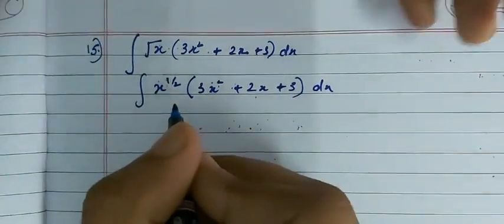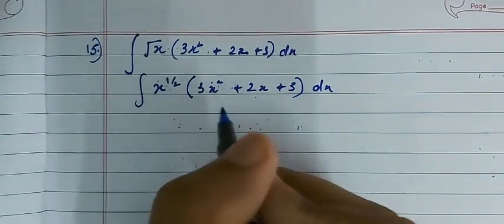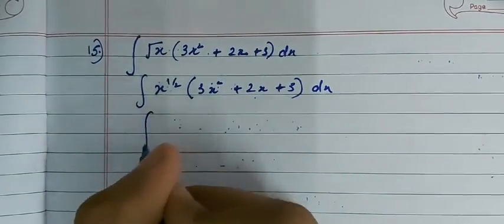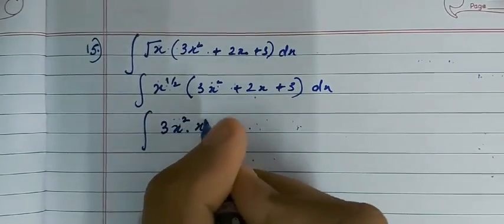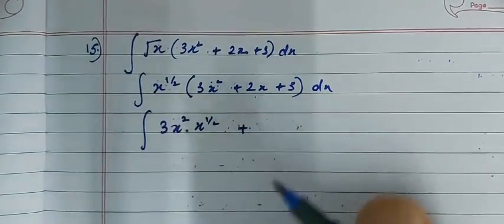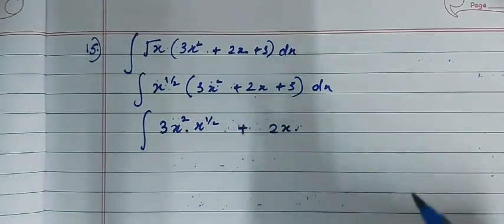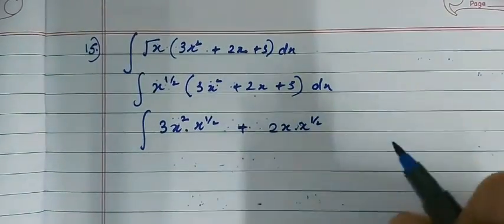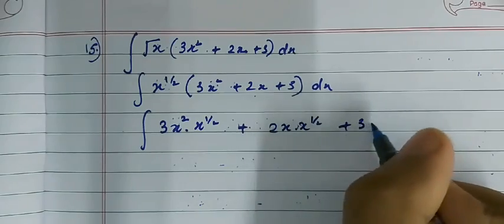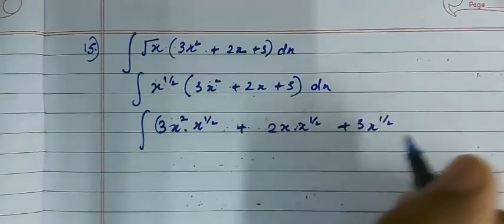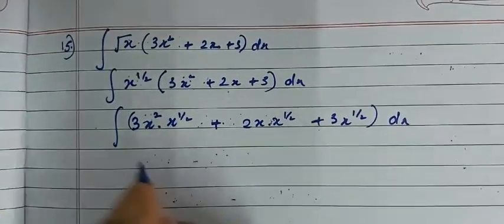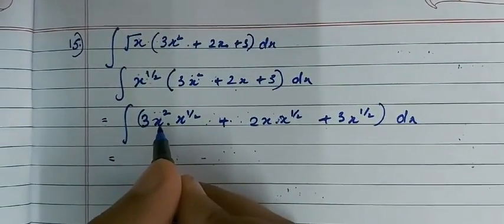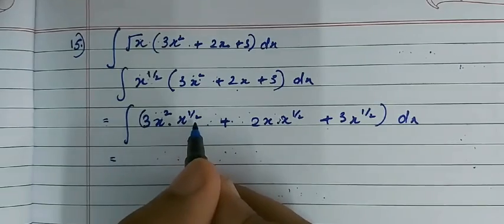Now you multiply this x raised to 1/2 inside. So what will it become? 3 into x square into x raised to 1/2, plus 2 into x raised to 1/2, plus 3 into x raised to 1/2, with respect to x, so dx. Now what is x raised to 2 into x raised to 1/2?